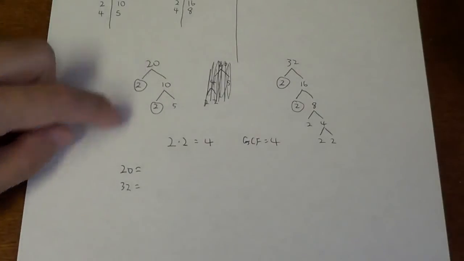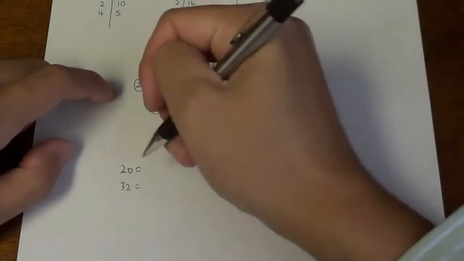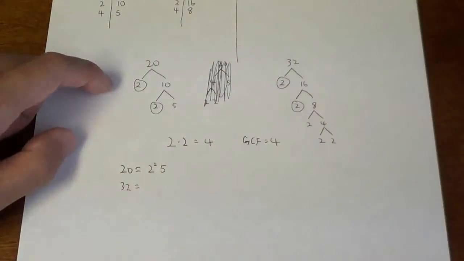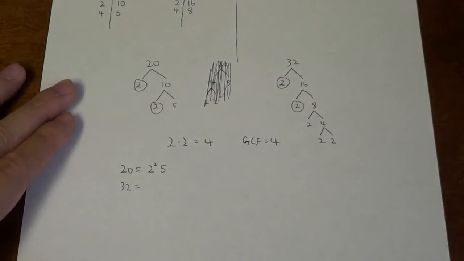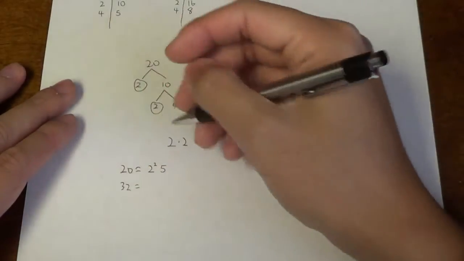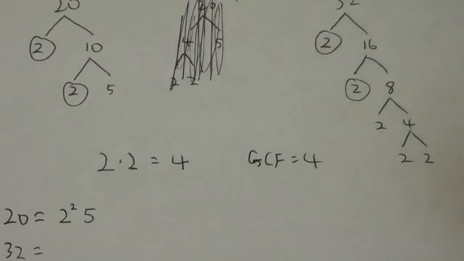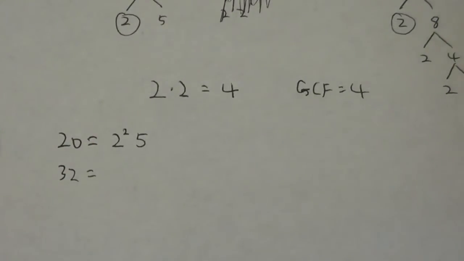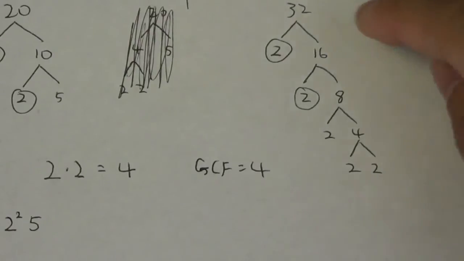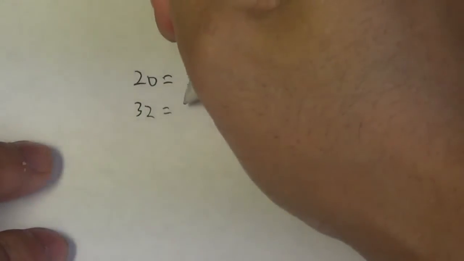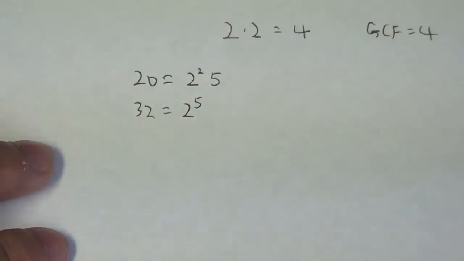So 20 is 2 times 2 times 5, and we can write 2 times 2 as 2 to the power of 2. Let's zoom in a little bit because that's a little small. And 32 is 2 times 2 times 2 times 2 times 2, so that's 5 times, which means it is 2 to the power of 5.